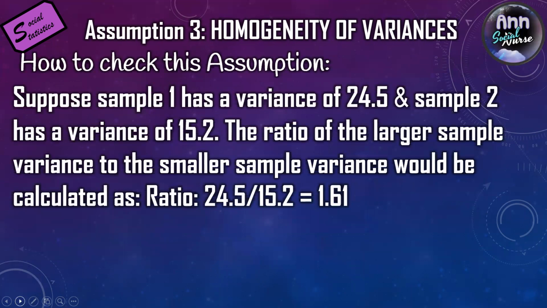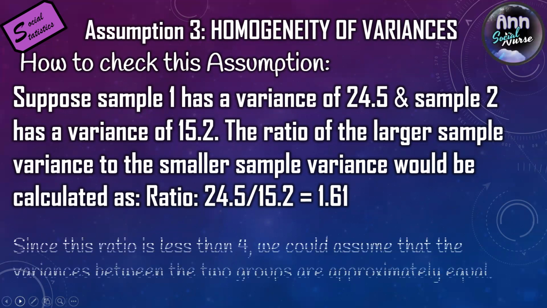Suppose sample 1 has a variance of 24.5 and sample 2 has a variance of 15.2. The ratio of the larger sample variance to the smaller sample variance would be calculated as 24.5 divided by 15.2, which equals 1.61.